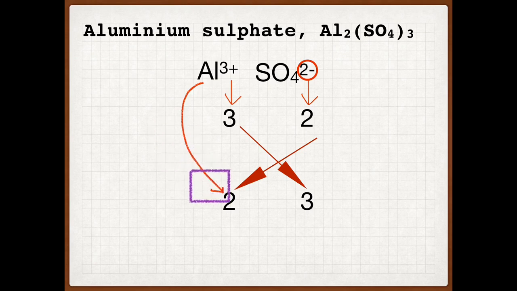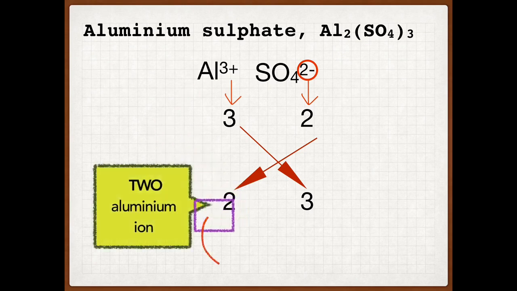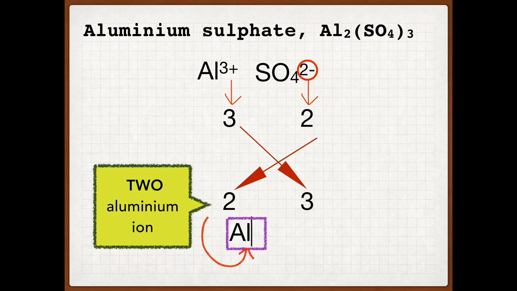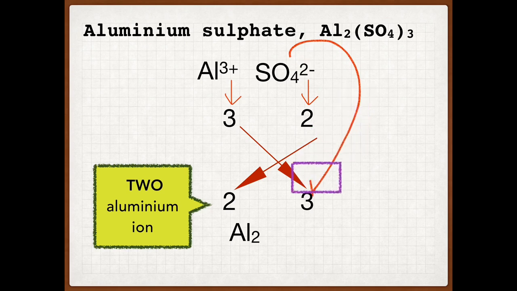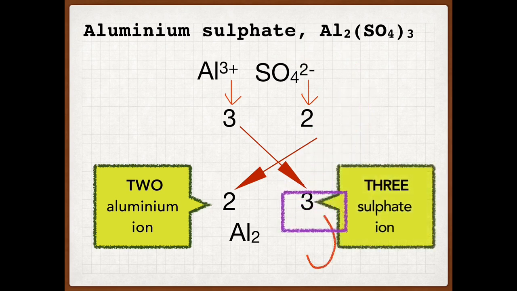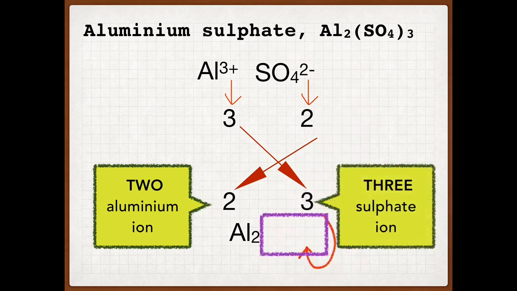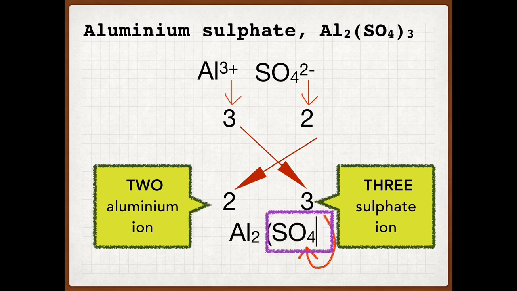It is 2 aluminum ion. How about sulfate ion? Yes, it is 3 sulfate ion. Do we need to write a bracket? Yes, to show 3 sulfate ion involved. So the formula for aluminum sulfate is Al2(SO4)3.